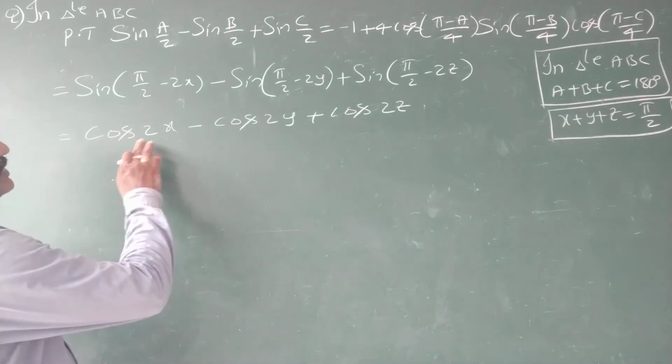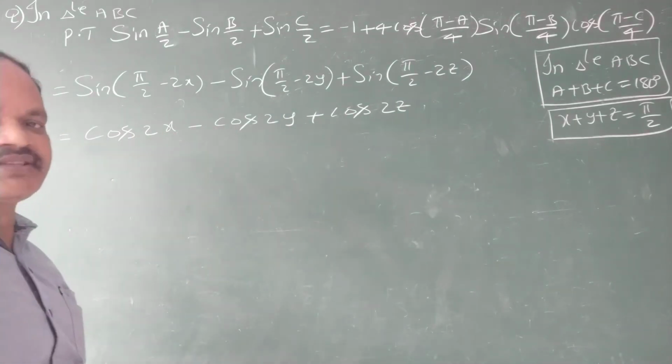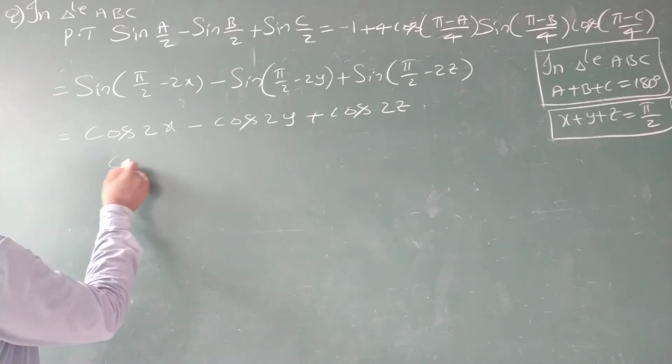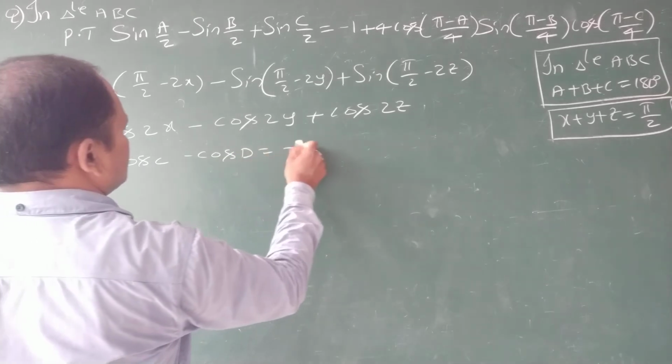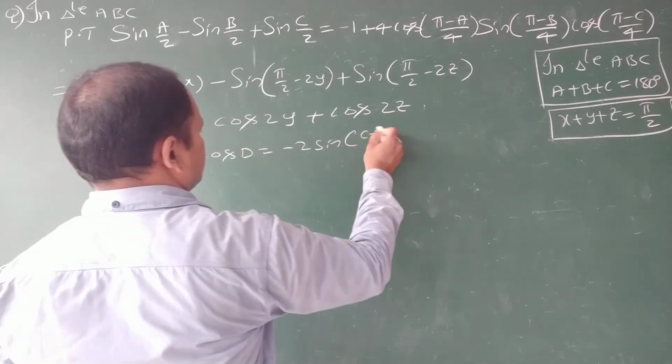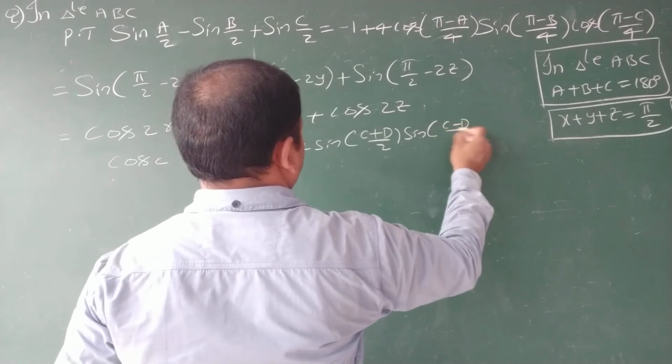Now observe, this is in the form of cos C minus cos D. We know that cos C minus cos D is equal to minus 2 sin of (C plus D) by 2 into sin of (C minus D) by 2.